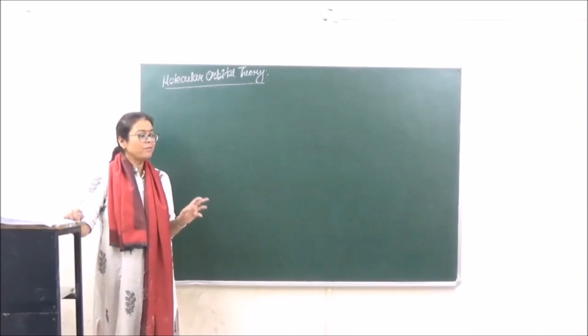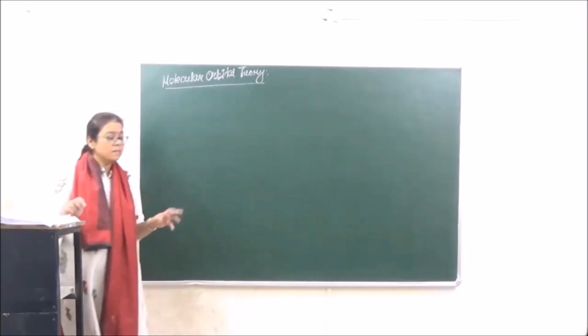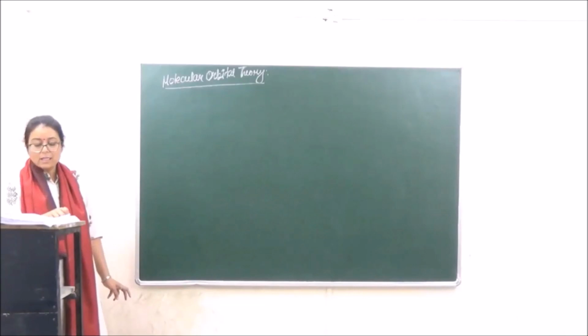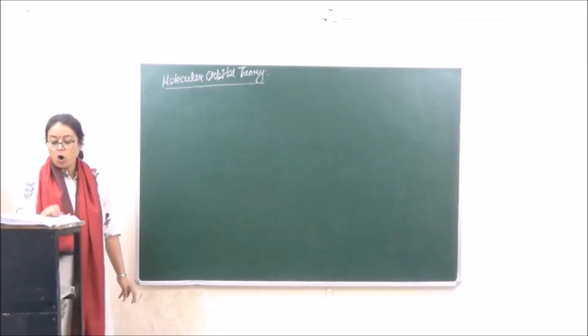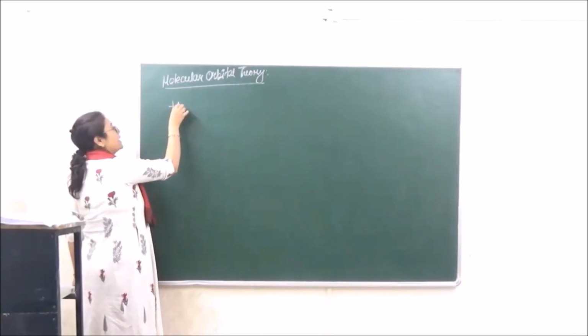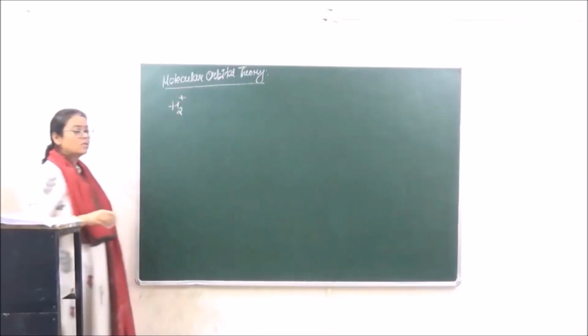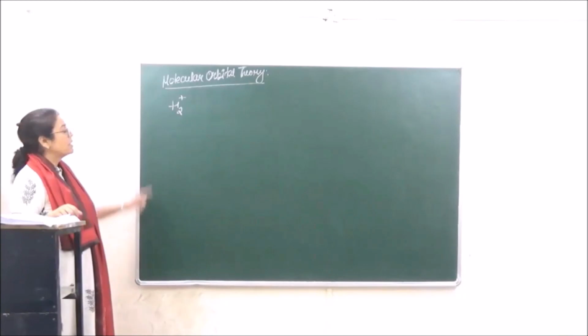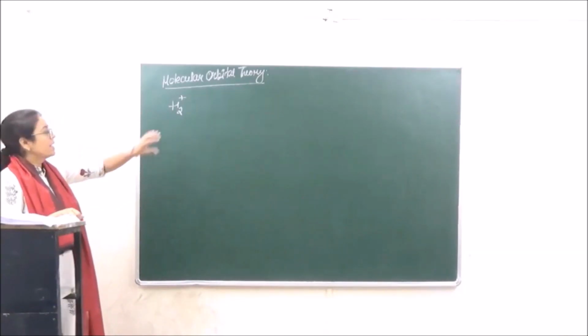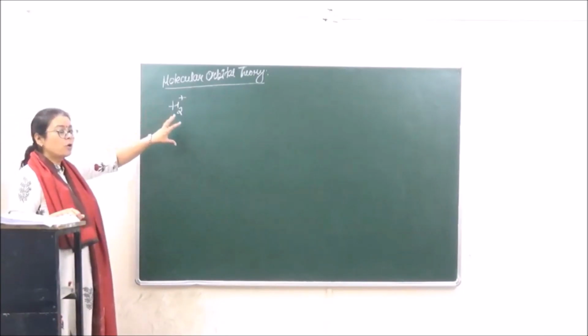VSEPR theory also could not explain the formation of odd electron molecules. Odd electron molecules means a species like H2 positive, which has only one electron. That is an odd electron molecule.